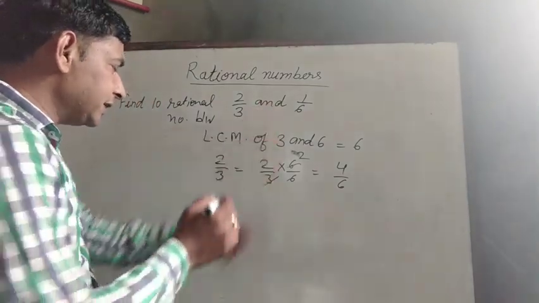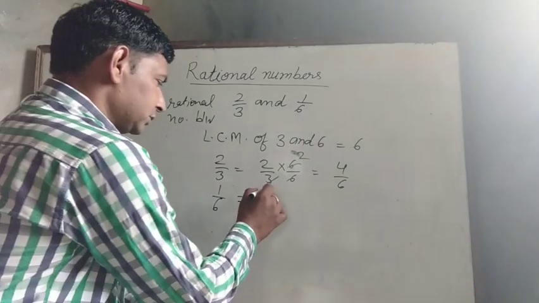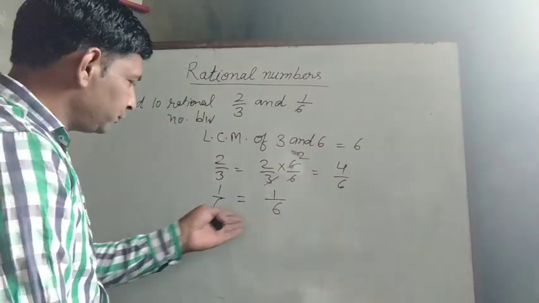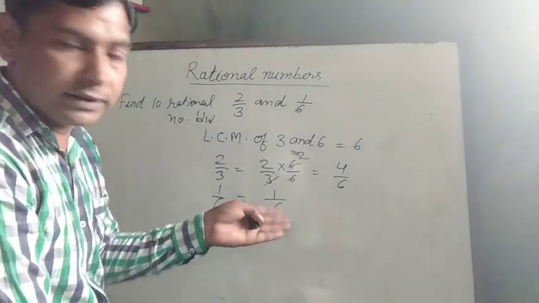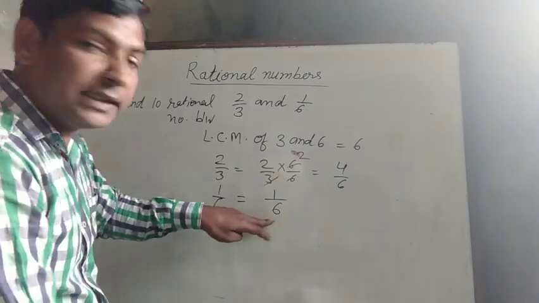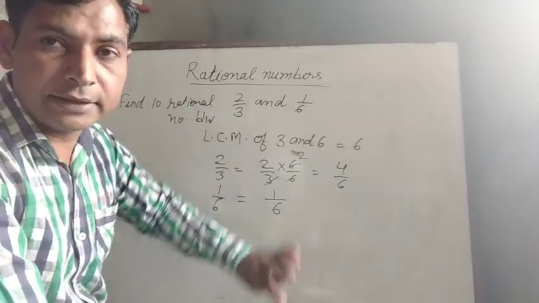Now the next one is 1 by 6. We write it as it is because its denominator is equal to the LCM.